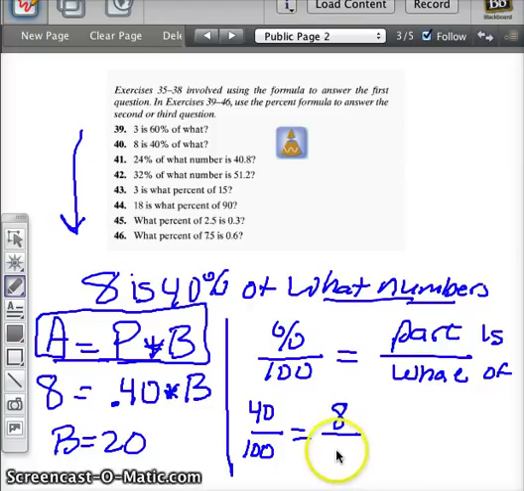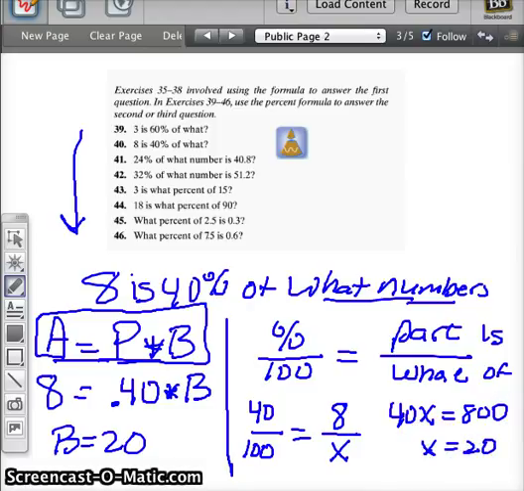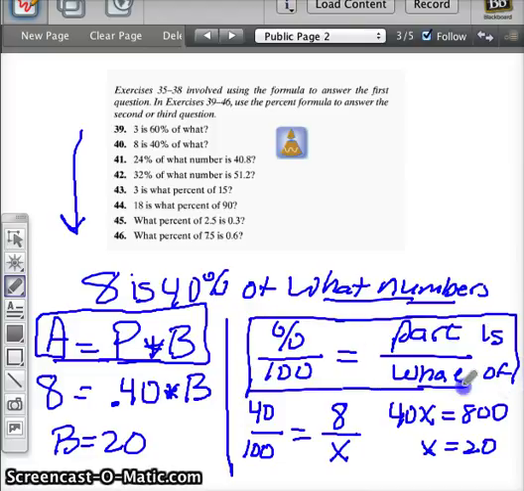And of what number goes at the bottom. How about we call that x? Then you just cross multiply. 40x is equal to 800, and if you divide, you'll get 20 as well. It doesn't matter what formula you use, but if you use this one, please write it at least once. Some people like to write it each time, but write it once as a minimum. So that's how to do that section.